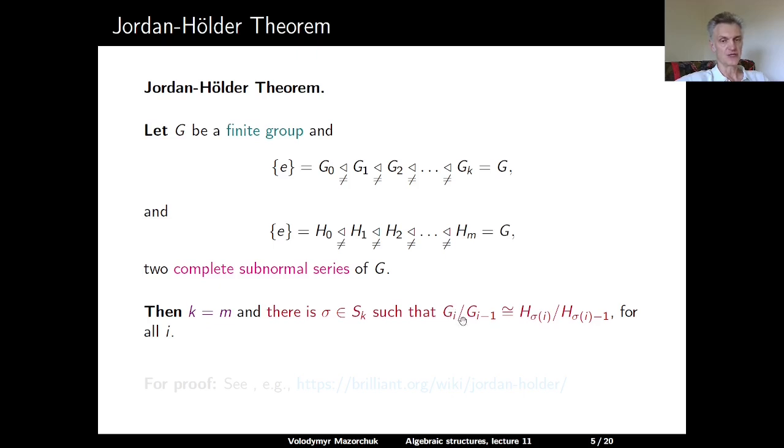So the subquotient G_i modulo G_{i-1} is isomorphic to H_{sigma(i)} modulo H_{sigma(i)-1} for all i. The proof of this theorem is not too long, but long enough, so we refer to the literature. In particular, there are many online resources where one can read the complete proof of this theorem.